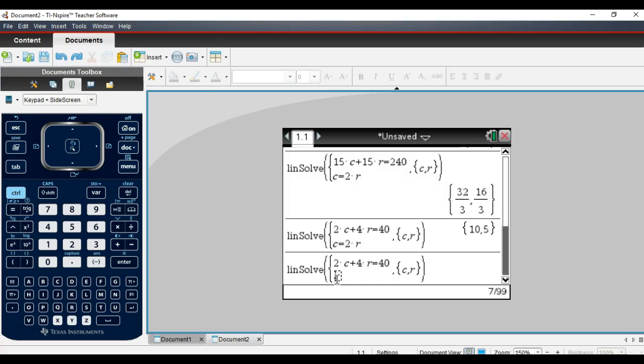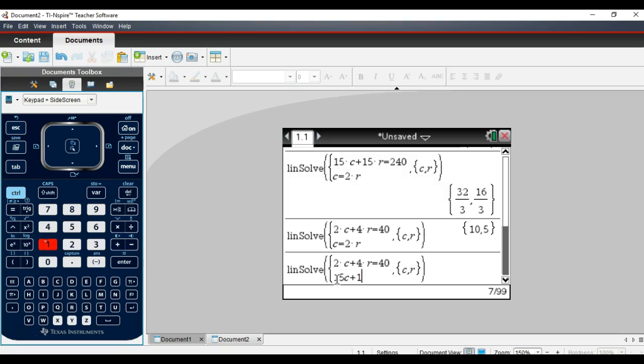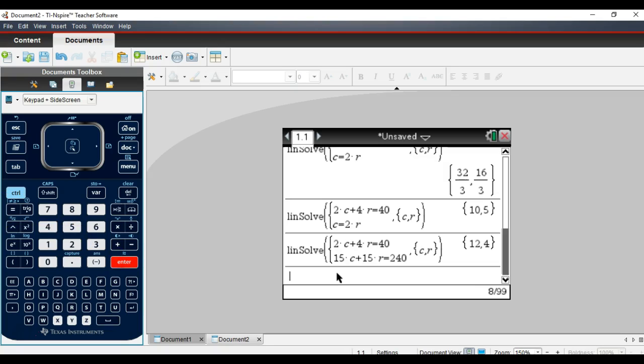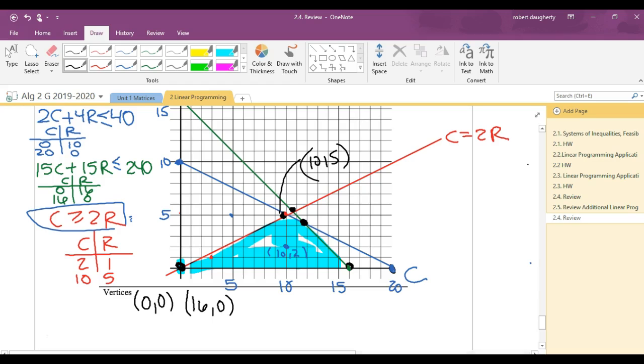The next one will be what, 15C plus 15R equal 240. Where do those lines intersect? At 12, 4. So the vertices are 0, 0, 16, 0, 12, 4, and then 10, 15.